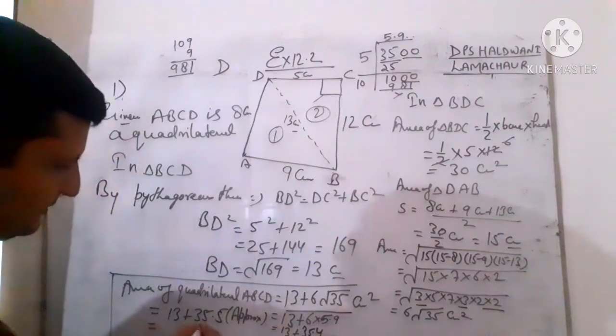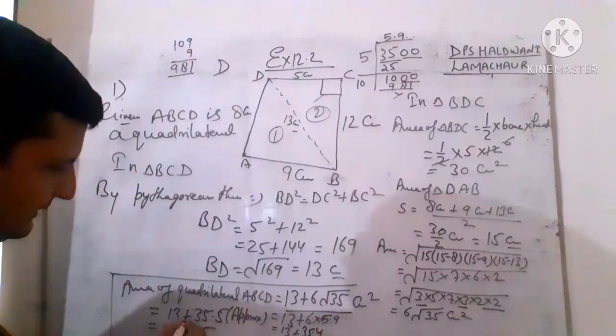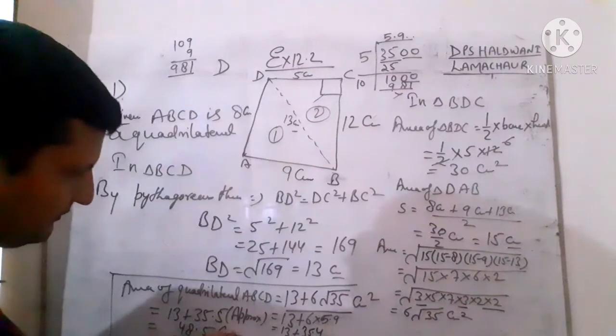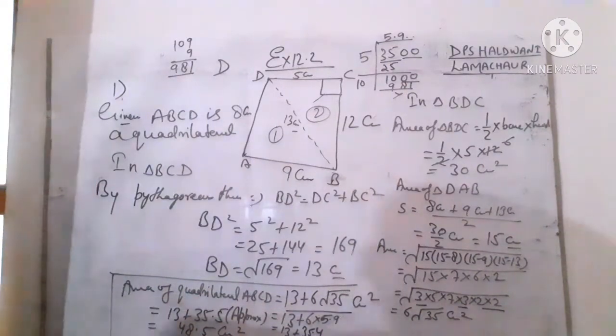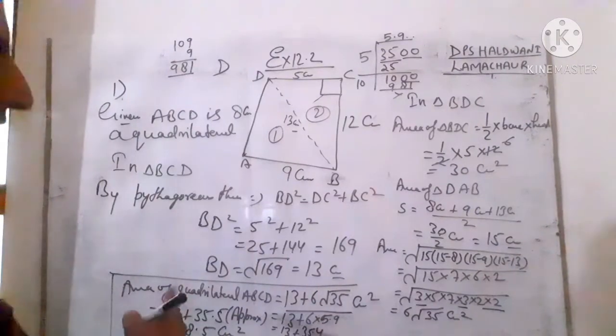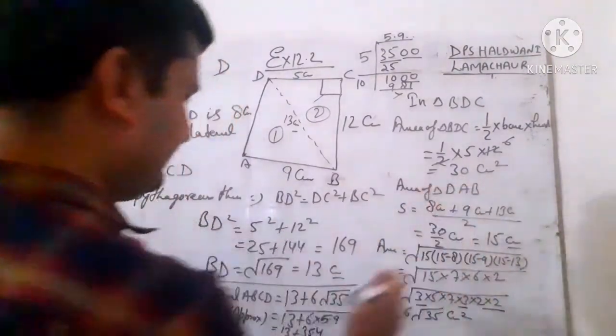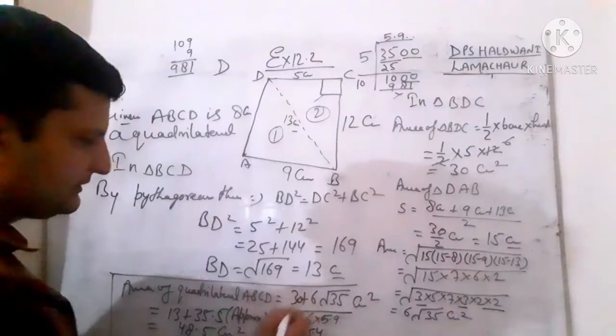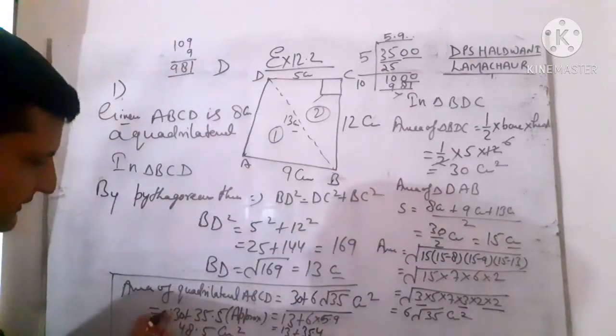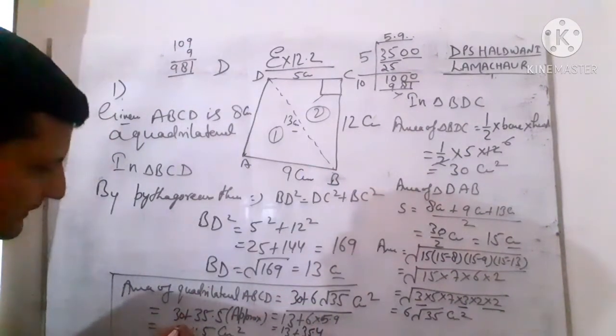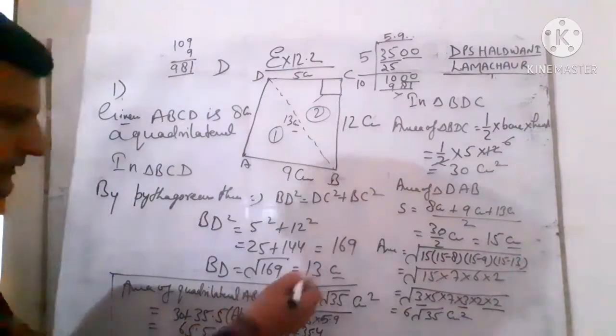So the approximation value, when we add it, we will get 65.5 centimeter square. We have found the area is coming 30. It is not 13 student, it is 30. I have written 13 there, but 13 is the side.